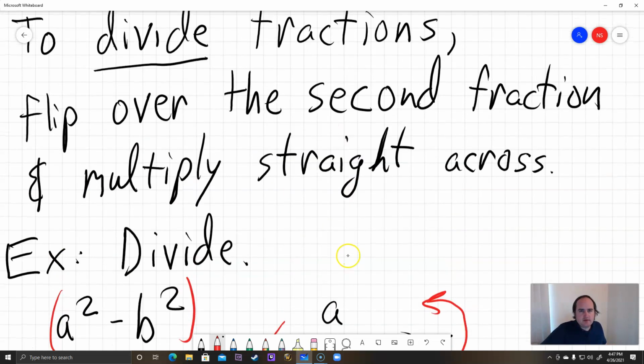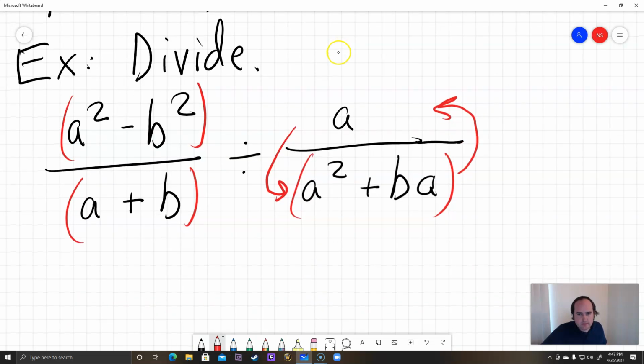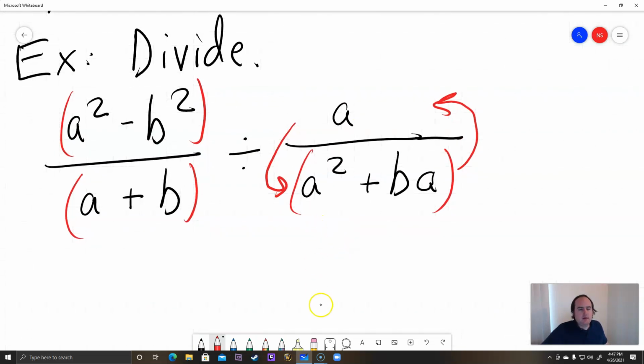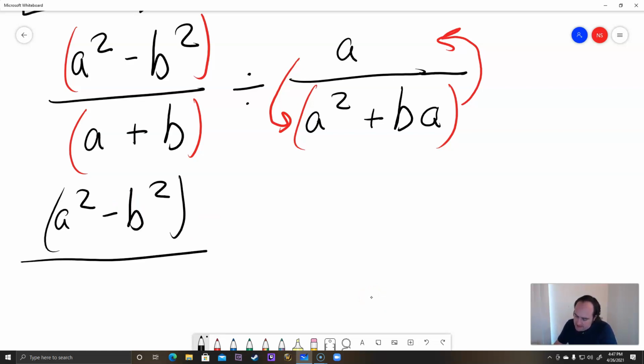Like I said, you flip over the second fraction only, don't flip over the first fraction, and then you multiply straight across. So here, the first fraction is still going to be a squared minus b squared over a plus b.